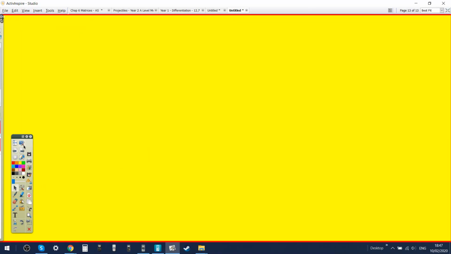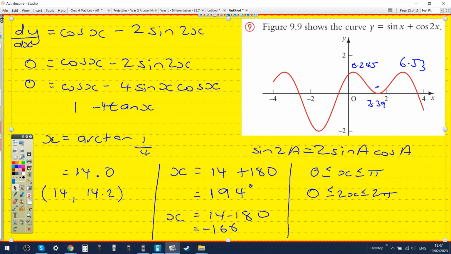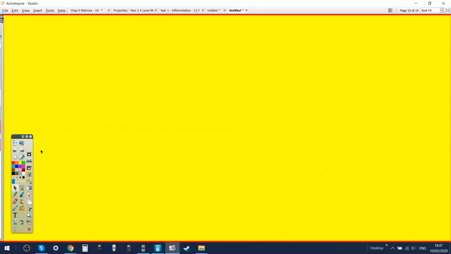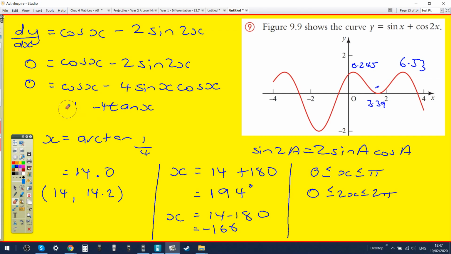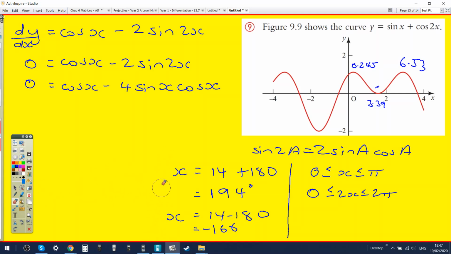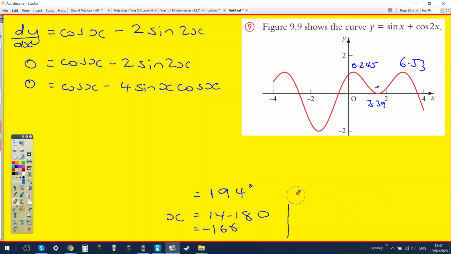Maybe I'll just copy everything. So if we were to factorize the cos x out, what would you get there? We would factor out the cos. Oh, so factorize it, not divide by it.